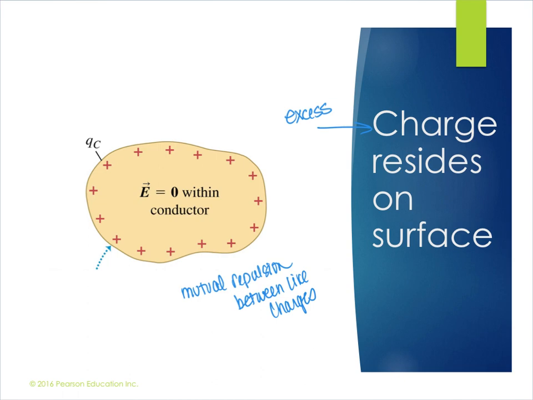Once the excess charge is accumulated on the surface, it really can't distribute itself any differently, since the repulsion brought it to that point. And so that really helps us understand why the charge has to be on the surface. It gets away from the like charges as much as it can, and that's what makes it arrange itself on the surface.